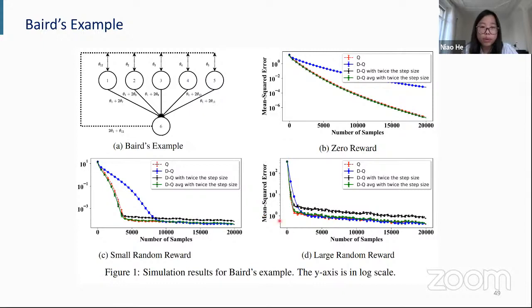In all of these three figures, you see that the variance of the averaged double Q-learning algorithm is the same as the Q-learning algorithm. So this basically perfectly matches what we predicted in the theory for this particular example. But what about another example?